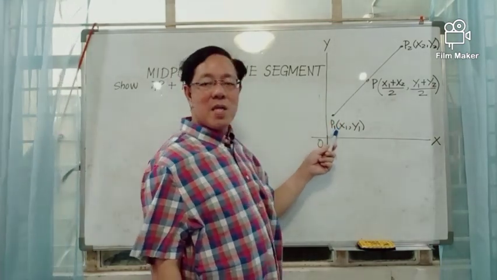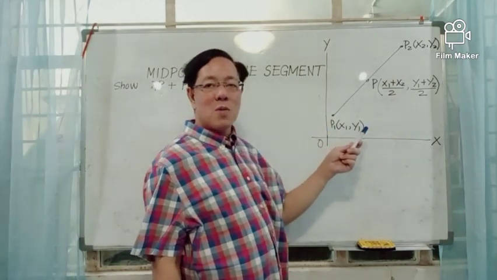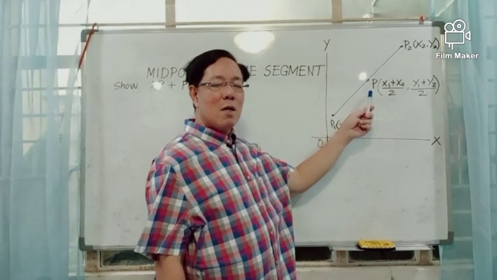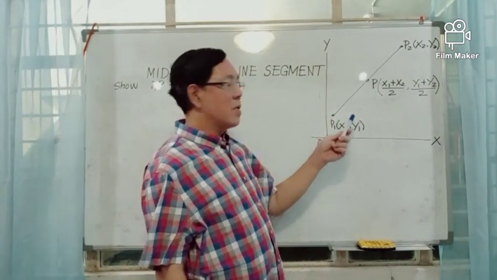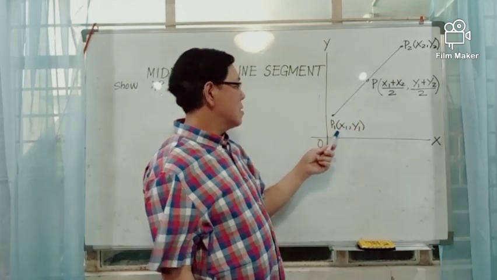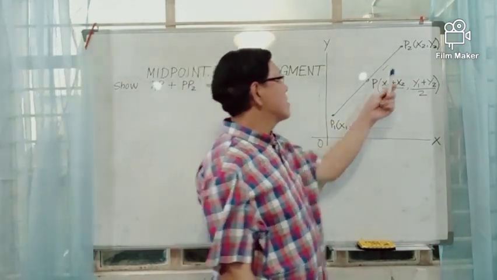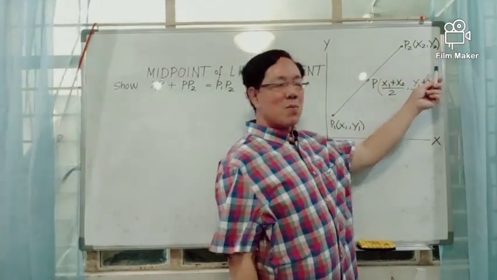So they can be any points in the Cartesian plane. But to simplify our derivation of the coordinates of the midpoint P, we plot P1 and P2 in the first quadrant. The coordinates of P1 are x1 and y1. The coordinates of P2 are x2 and y2.